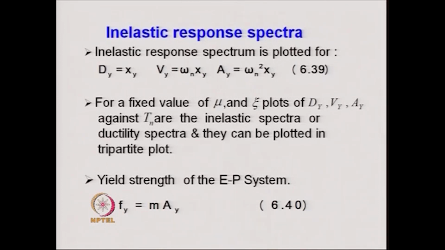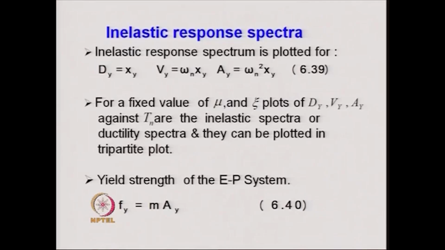F 0 is the force or the resistance provided by an equivalent single degree of freedom system which is elastic, and F y is the yield resistance provided by the elastoplastic system.